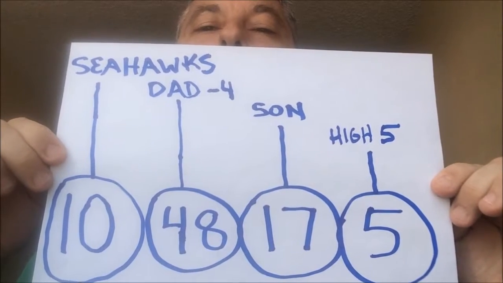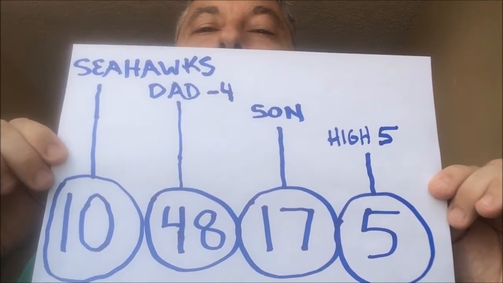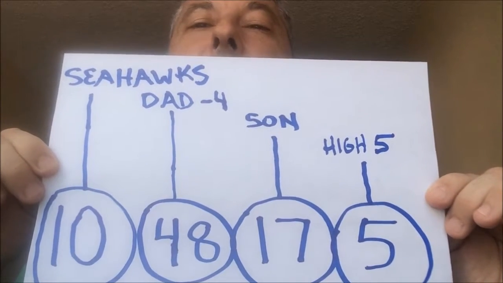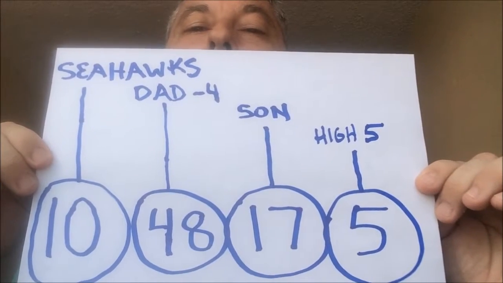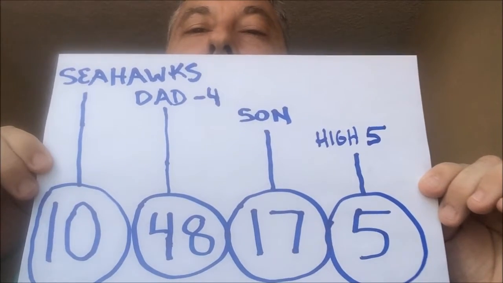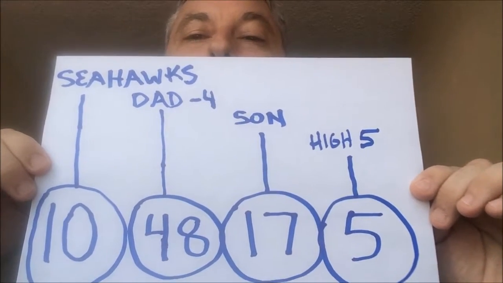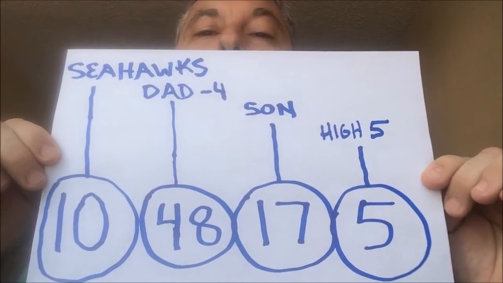Okay, we're going to move on to the next two numbers. 17, 17. That's the age of one of my sons. And finally, the last number, which is single, 5. Easy. It's a high five. So pretty much we all know these.